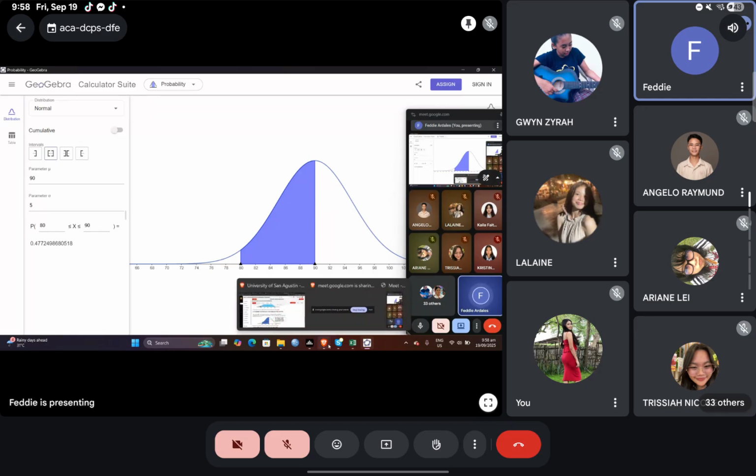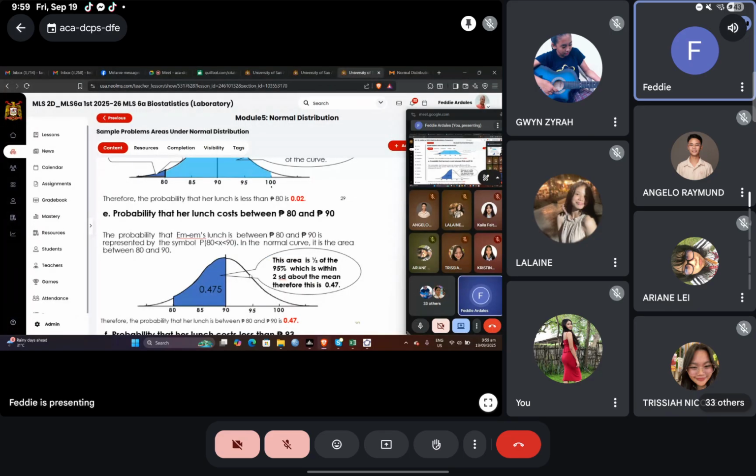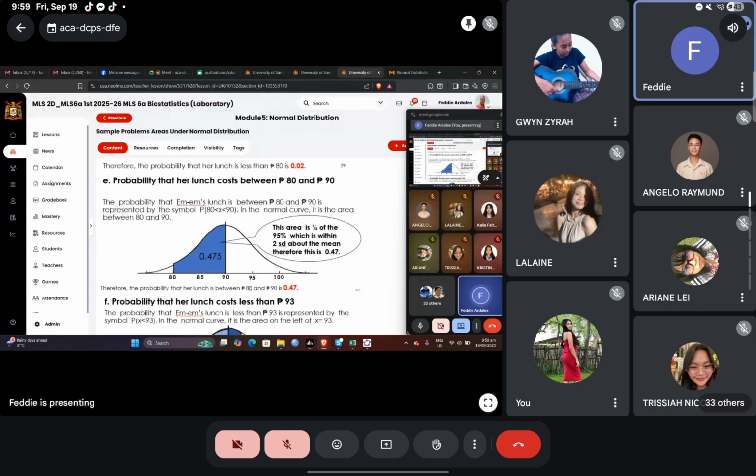Using your empirical rule, we can still say that this area is approximately 47.5%. So that is how we use the empirical rule, and the other one is using your GeoGebra, and the other one using your normal distribution calculator in solving problems involving areas under the normal curve.